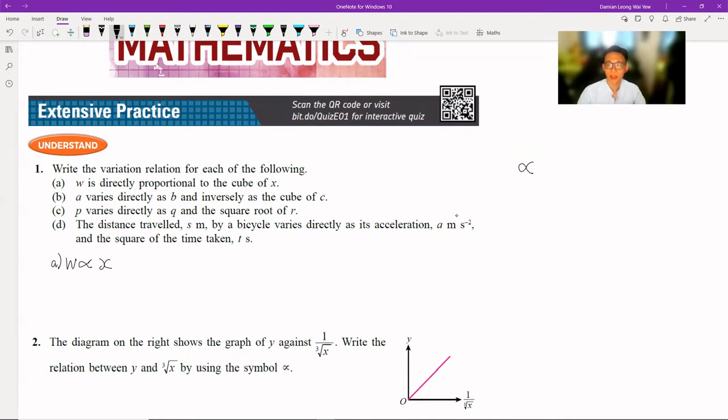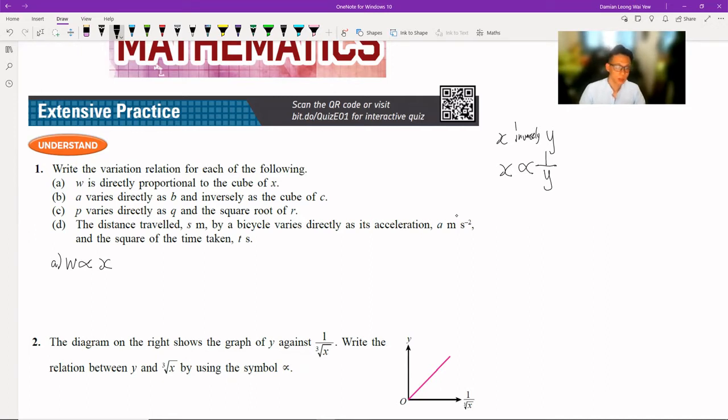So to show that the other value is decreasing, let's say X varies inversely as Y, then I will use X varies directly with 1 over that variable.